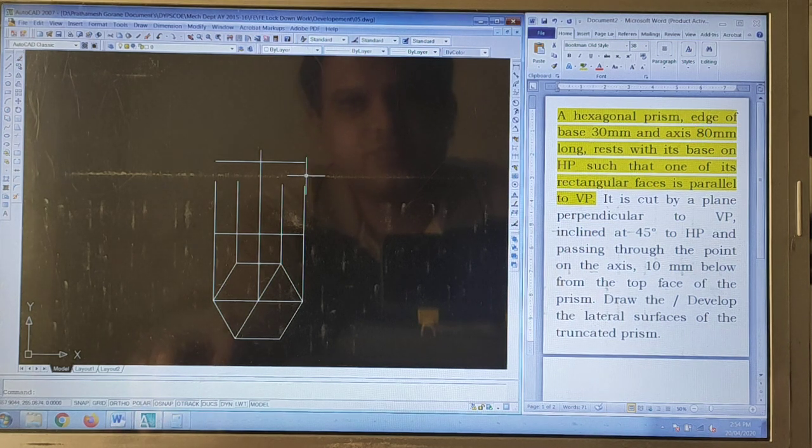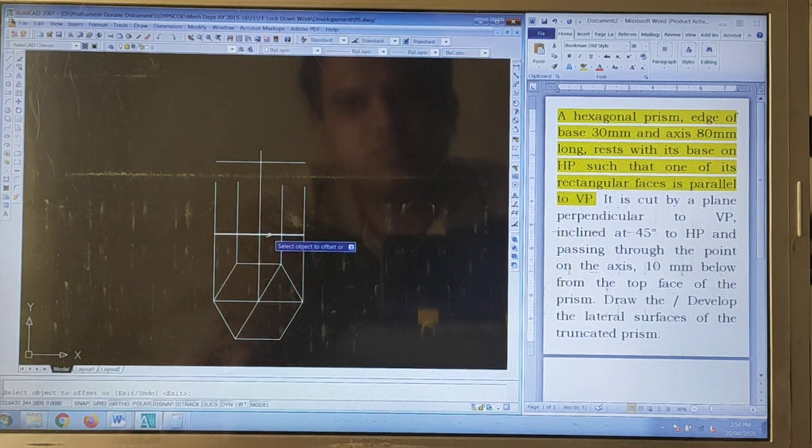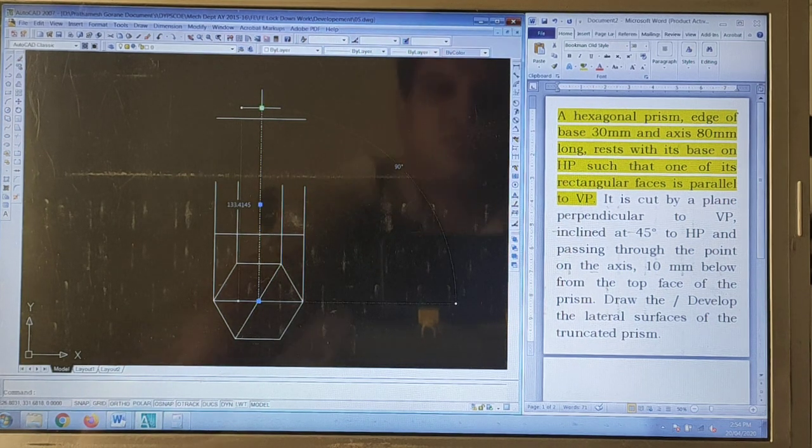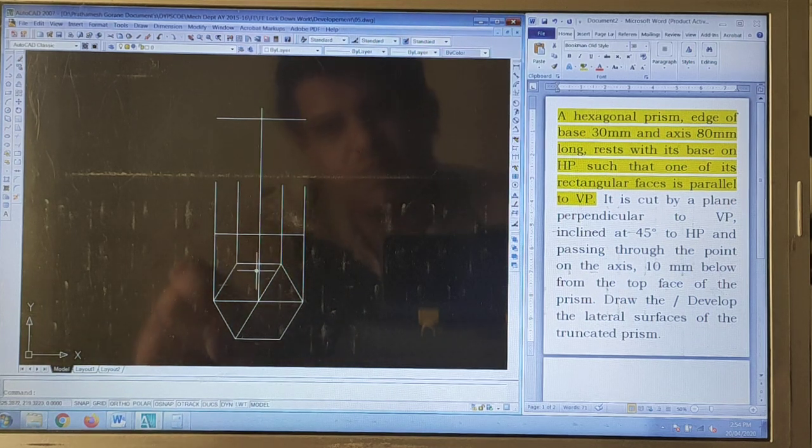So offset by 80 mm. These are problems made by me only, so this is the reason why I am changing the problem statement.